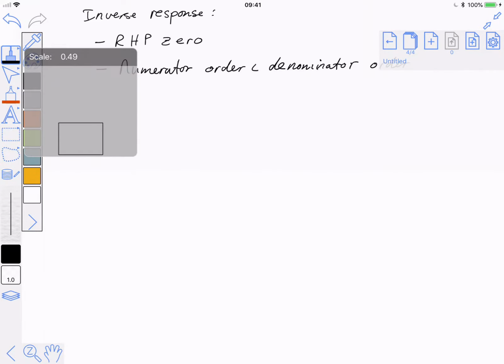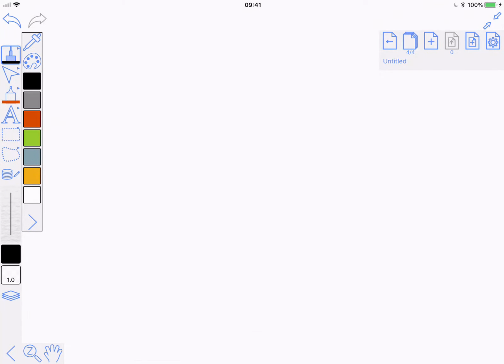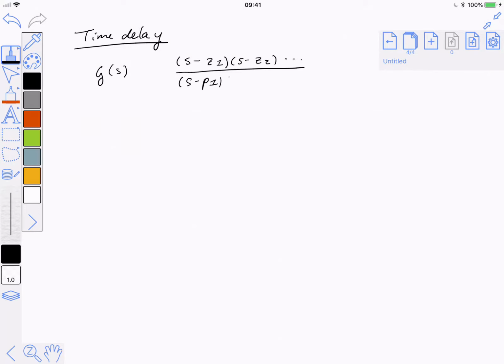So earlier I said a general form for G was (s minus z1)(s minus z2) and so on, over (s minus p1)(s minus p2) and so on. But this is not the 100% story, because from time to time, and quite often in chemical engineering systems, we will also have one of these.